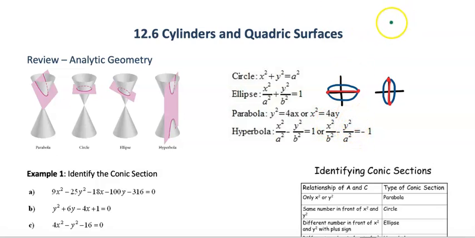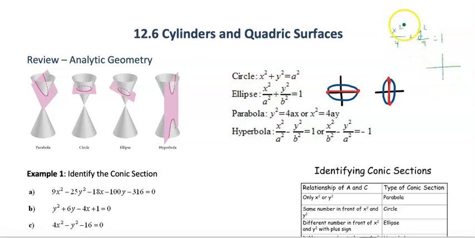Well, for example, we have the equation x squared over 4 plus y squared over 9 is equal to 1. So we know that this is the equation of an ellipse. And we know that ellipse is going to have a major axis that's either the x or the y. So if I want to find the graph for this ellipse, what I can do is I can say, okay, let's find these intercepts with the axes.